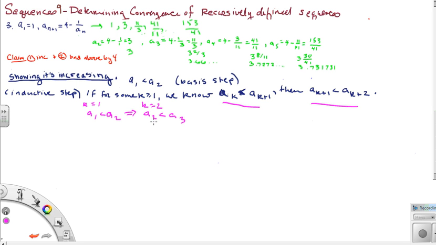We know that ak is less than a(k+1), a2 is less than a3. That would imply, because we know this is true, a3 is less than a4. And so on down the road. That would imply a4 is less than a5, which would imply a5 is less than a6, and etc. Okay, so this is called an argument by induction. So let me erase this because we don't really need all these in the way.